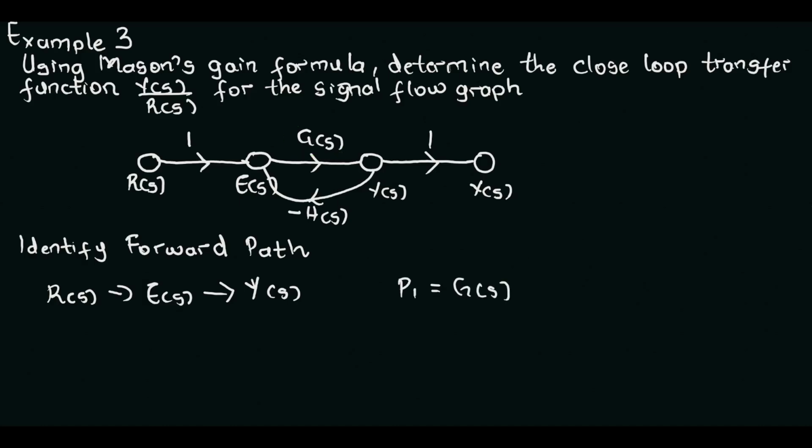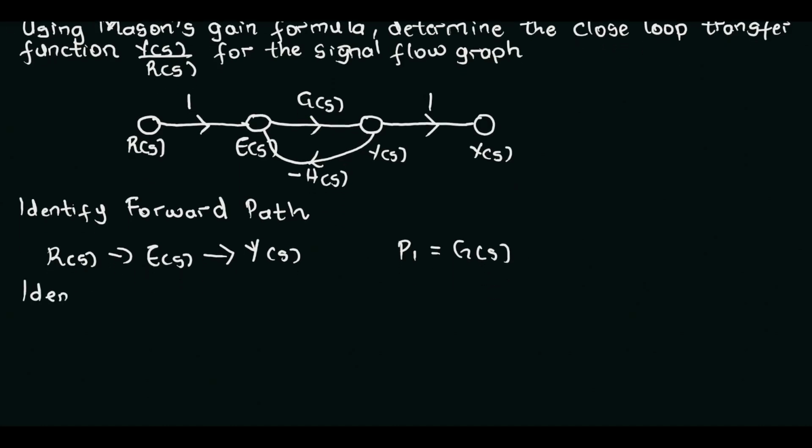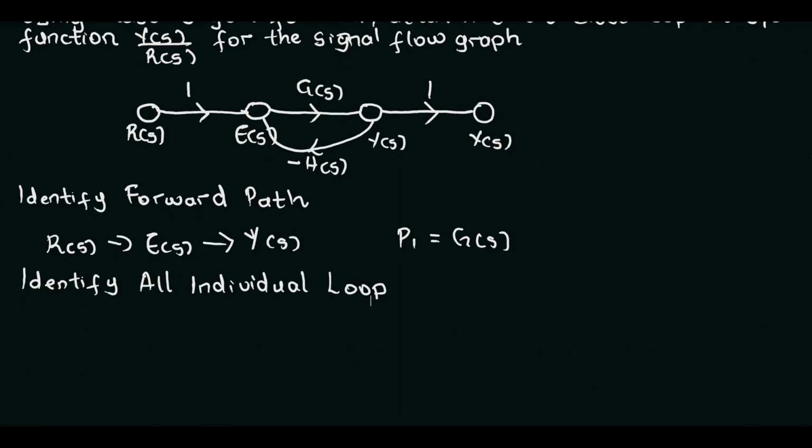The next step is to identify all individual loops. We have only one loop in the system, which is from E(s) to Y(s) and Y(s) back to E(s).